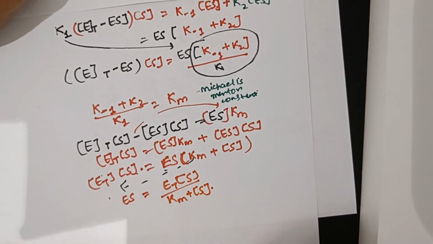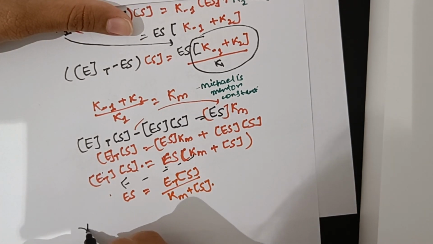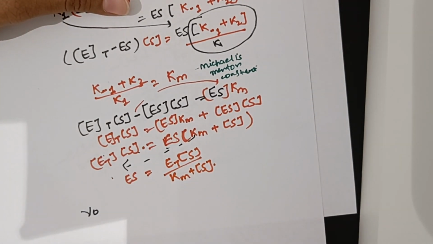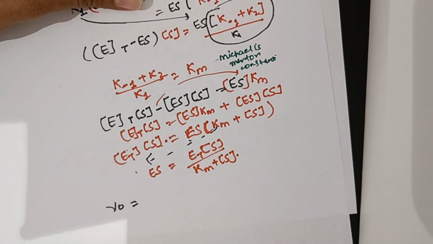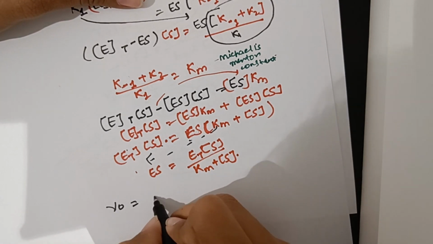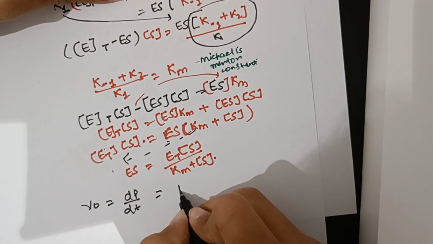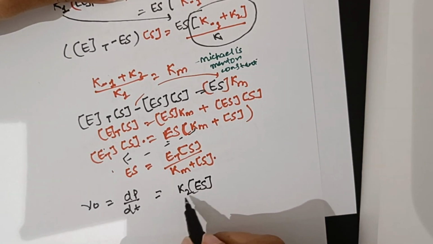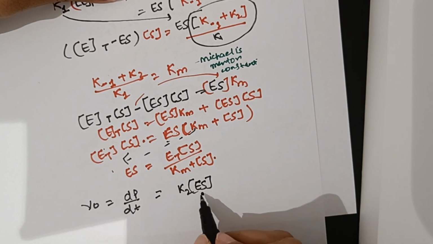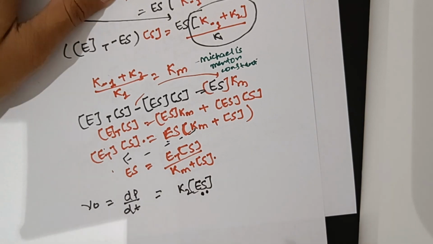And so now what we need to think. We have talked about the V naught in the first place when I was describing what enzymes are, and we said this is the rate of the reaction of formation of product, right? dP by dt, which we can also write as K2 ES, right? Because K2 is the formation of the product from the enzyme substrate complex.